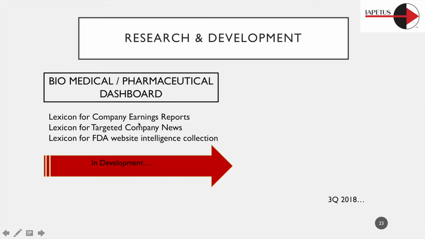The first one is going to include a company earnings report. The next one is a targeted company news lexicon. And then the final one will be an FDA website intelligence collection lexicon. And those will be woven together on a single dashboard, which is what we're building right now. So look for that soon.